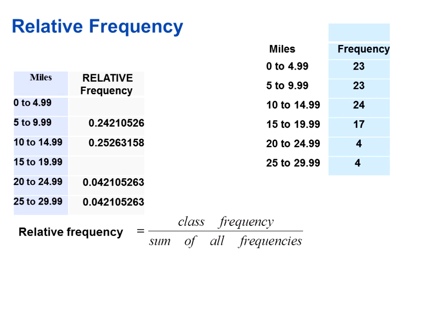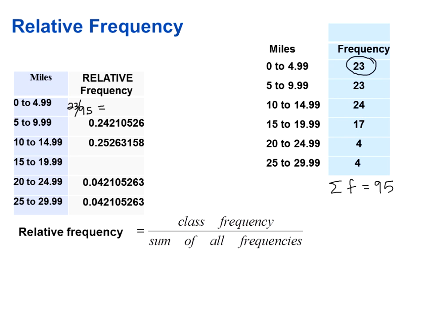The class frequency for the first class is 23. The sum of the frequencies, as we said in the previous slide, was our sample size, 95. So you take 23, the current frequency, and divide it by 95. That gives you a decimal, which you can turn into a percentage.